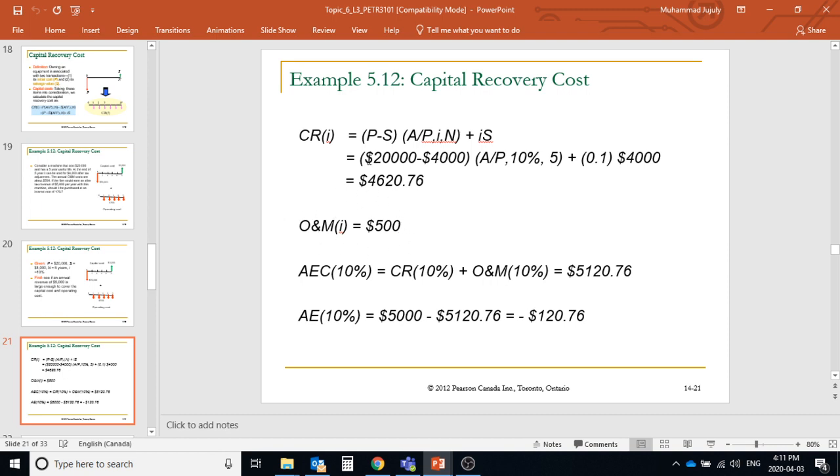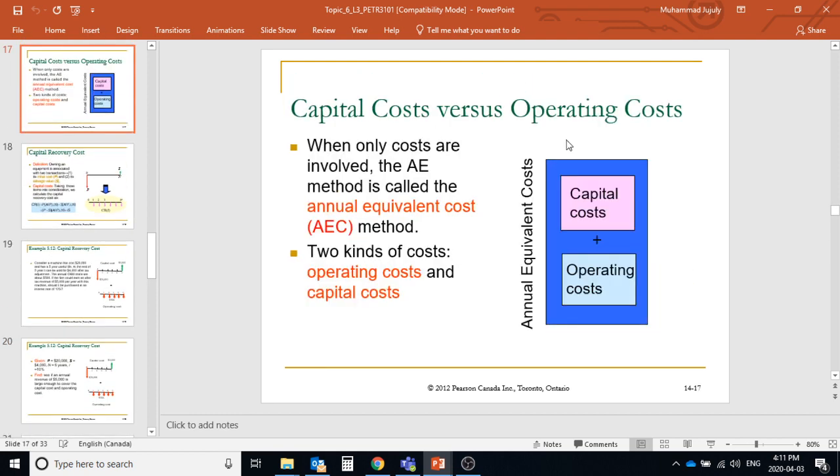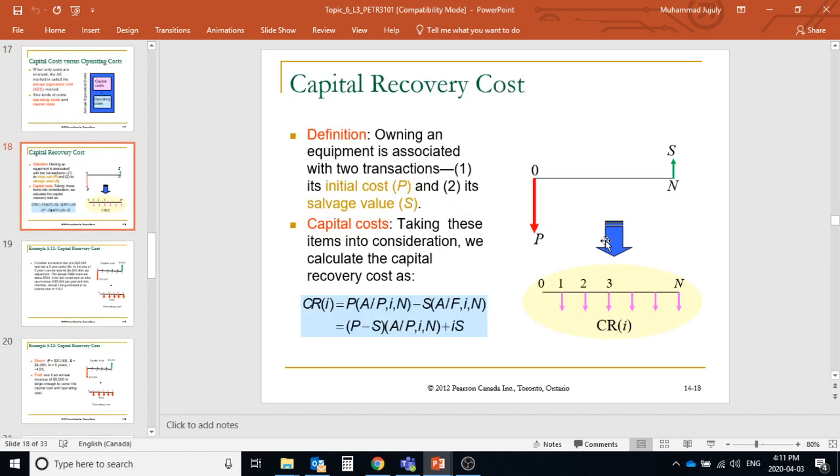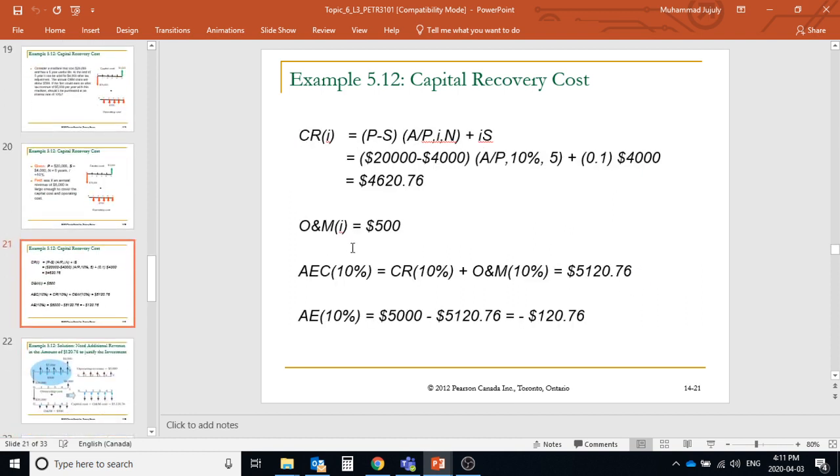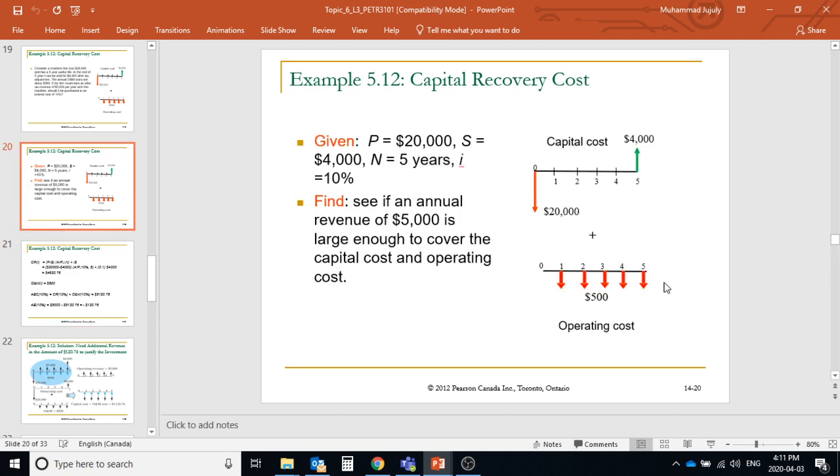If we add these two, just like here, capital cost and operating cost, we get the total AEC, which is $5,120 annual equivalent cost.